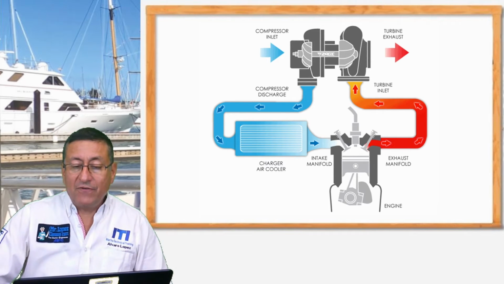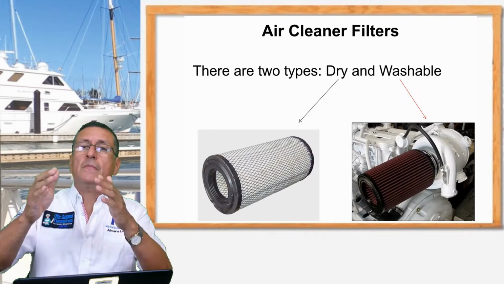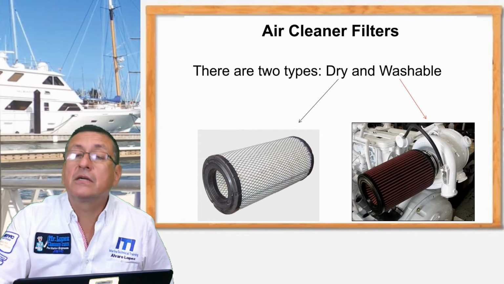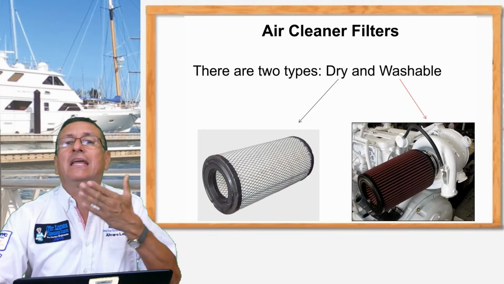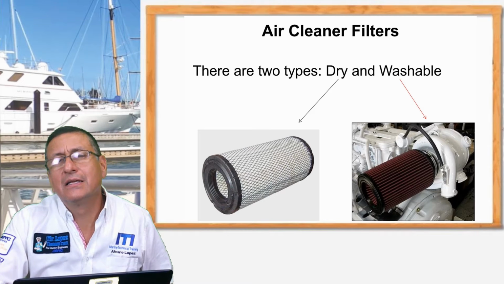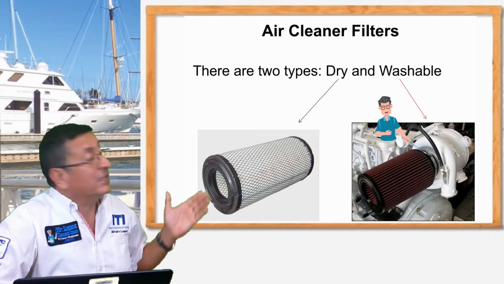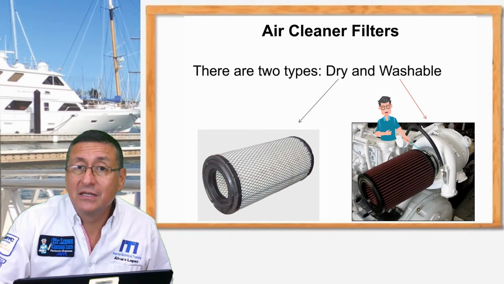This is the first part of this laboratory. Also, we are going to analyze the different types of air filters and where the air filter is located. If the engine is turbocharged, the air filter is located at the input of the turbocharger.